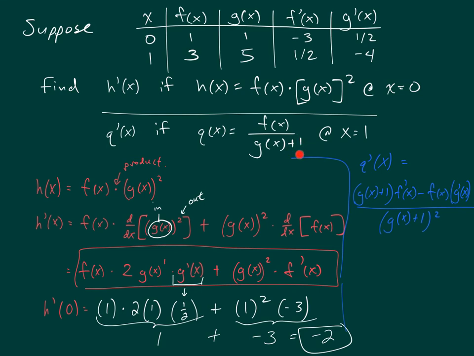Again, the derivative of a constant is just 0, so we're left with just g prime of x, all over the denominator squared. Now if you substitute 1 in for all the x's here, you can do all of the little teeny tiny math pieces and see that you will get 5/12.